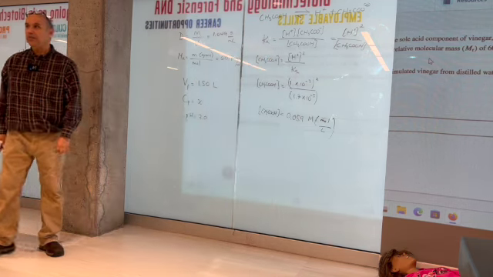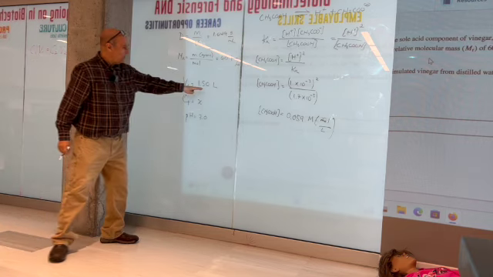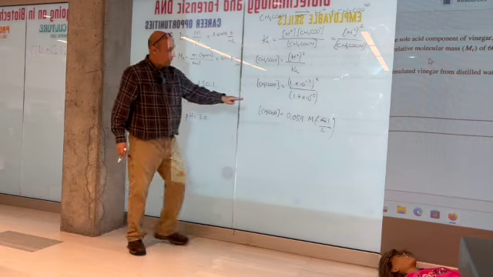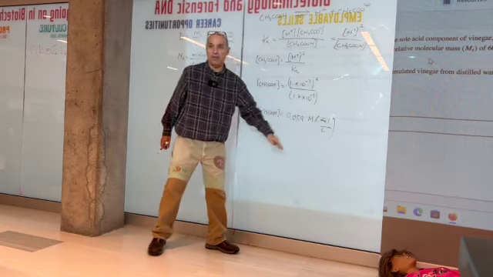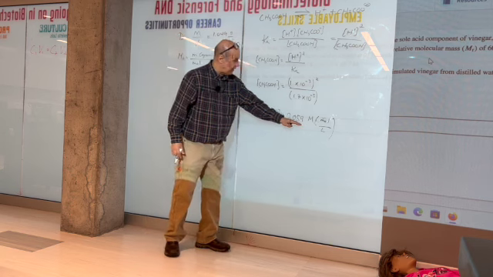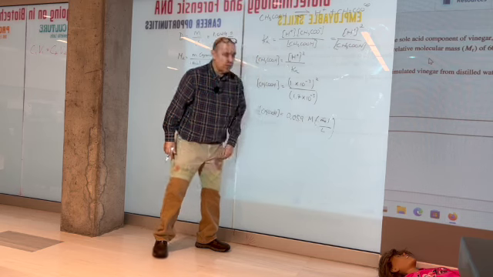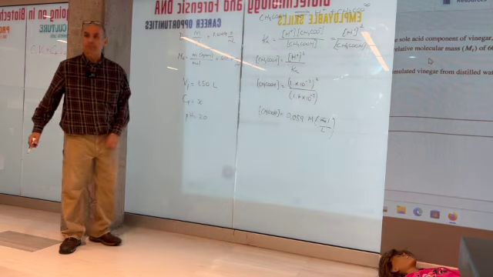So let's calculate the moles, because we have a volume, which we can put right here, right? So if the molarity is 0.059, and we know that we have 1.5 liters of that concentration, we can actually get the moles out of that.